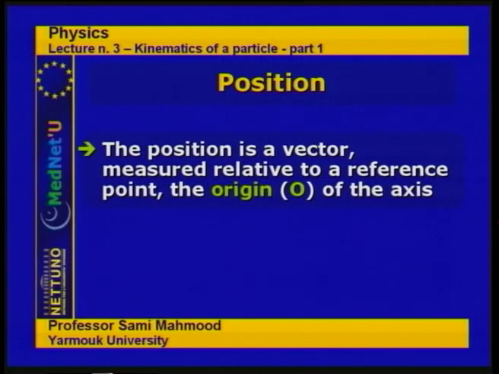That reference point is called the origin, O. And from that origin, we draw an arrow, a vector, that starts from the origin to the location of the particle, and that vector represents the position of the particle.